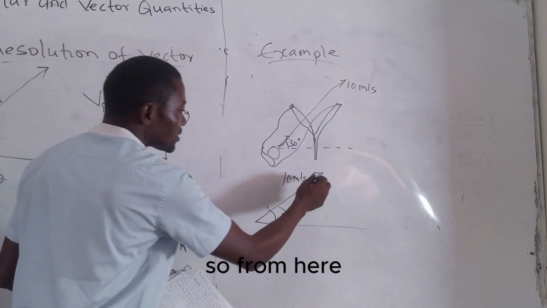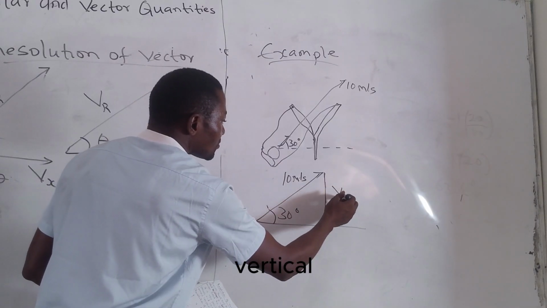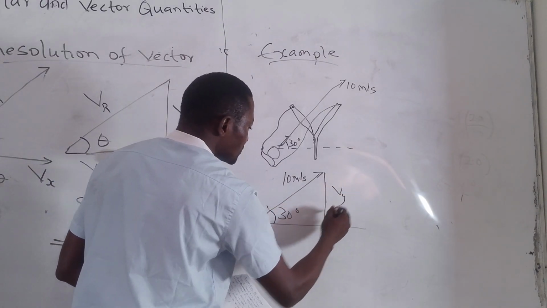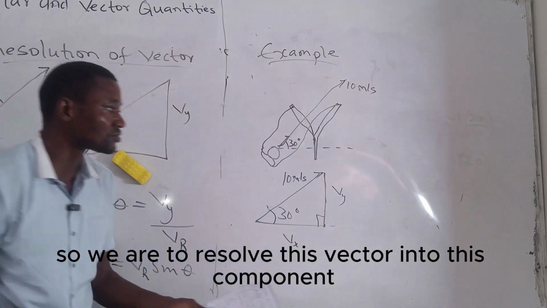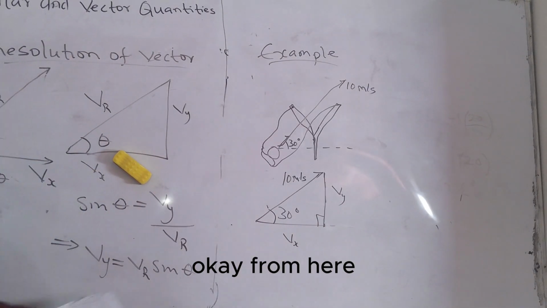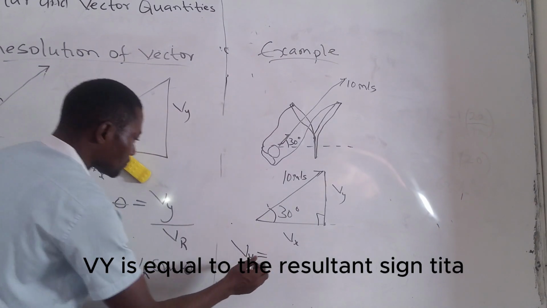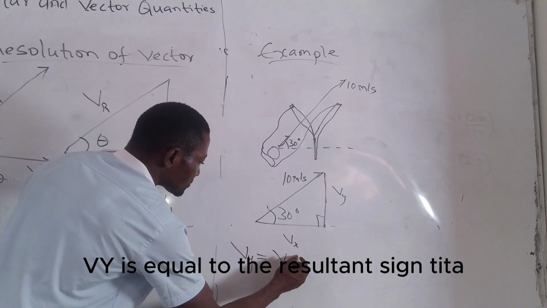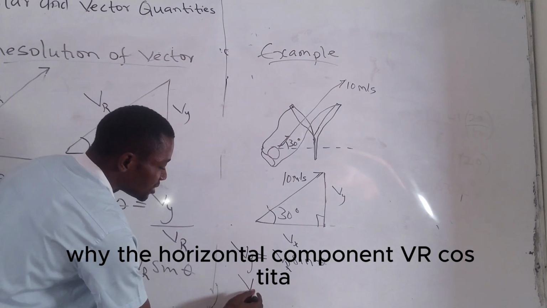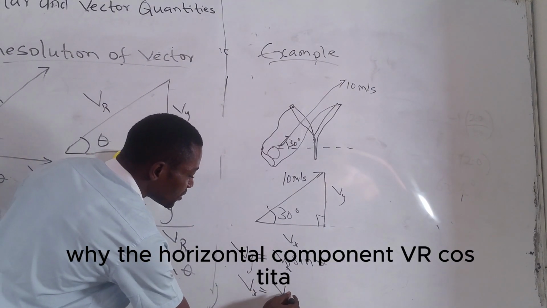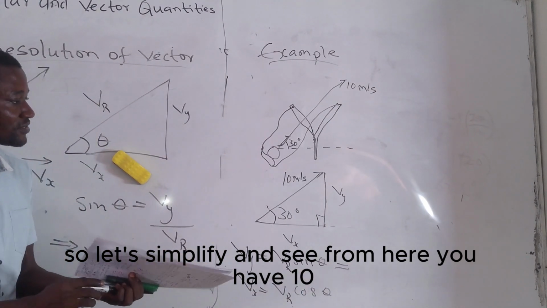If we take this to be the vertical component and this the horizontal, we have to resolve this vector into these components. The vertical component Vy is equal to the resultant times sine theta, while the horizontal component is Vr cos theta.